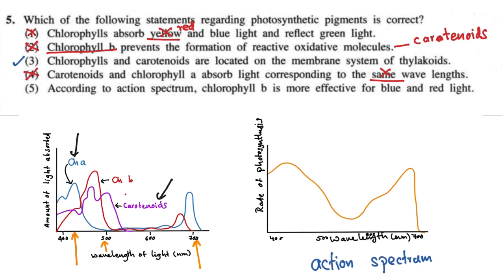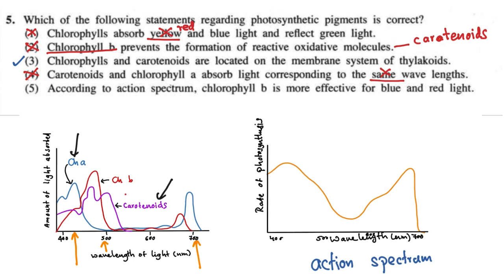But here option 5 says, according to action spectrum, chlorophyll B is more effective for blue and red light. These regions are blue and red, that is correct, but the action spectrum alone does not give any information about chlorophyll B. If we want to compare these wavelengths with the pigment, we have to overlap or compare both the action spectrum and the absorption spectrum.